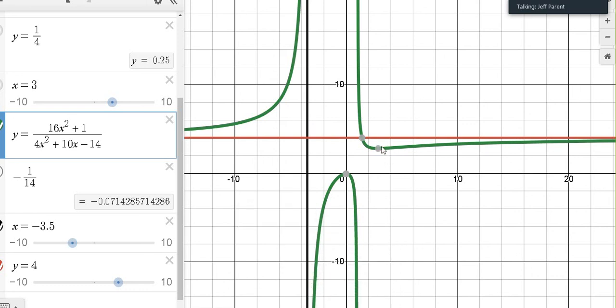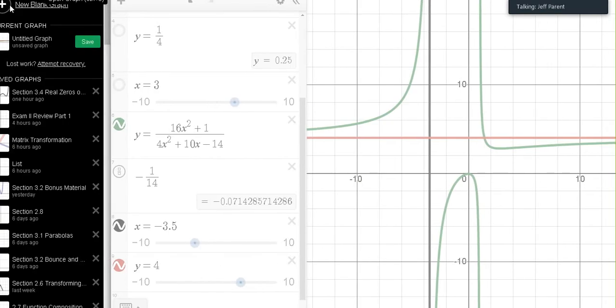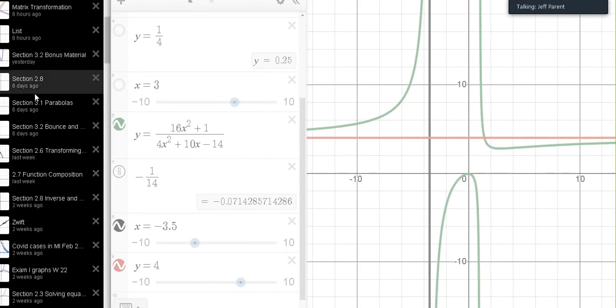With your horizontal asymptotes, you can touch a horizontal asymptote. You're not going to touch a vertical asymptote. So these will never actually touch. This graph in green will never touch the graph in black. But the graph in green can touch the red graph. It's just that usually, once it gets on one side of the graph, it'll probably stay there. Okay? Now let me see if I've got this one still.